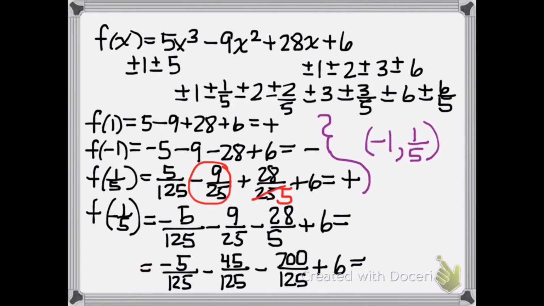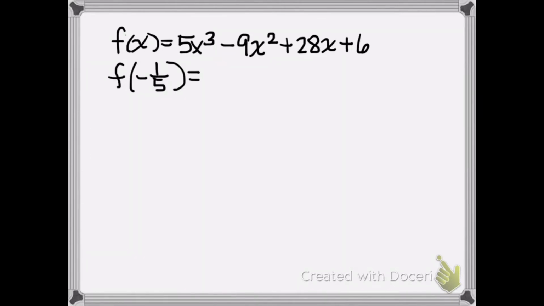So here are all the negative values with the common denominator of 125, and this actually does come out to 0. So we found a root. All right, so we're going to carry that root forward. So we've got f of negative 1/5 is equal to 0.